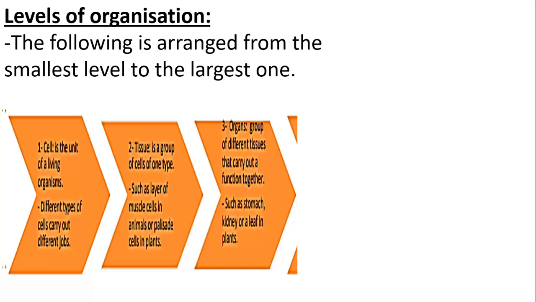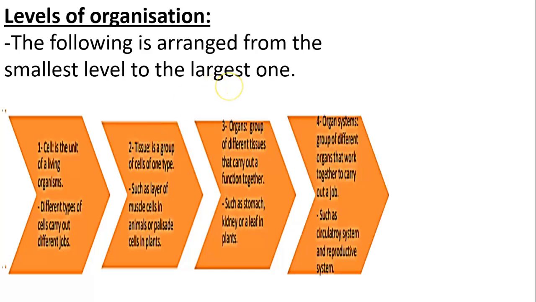The stomach has the muscle cells and has the glands and has the lining cells. So the stomach is made of many tissues that are put together to do a specific function. And then the organ system. The organ system is a group of different organs that work together to carry out a bigger job, like digestion, the whole digestion process.